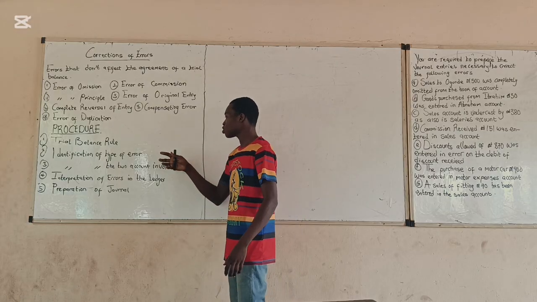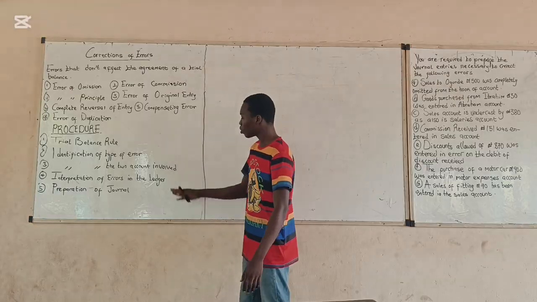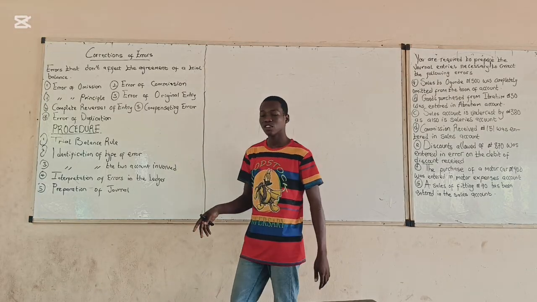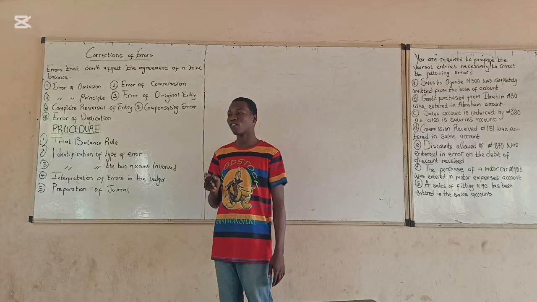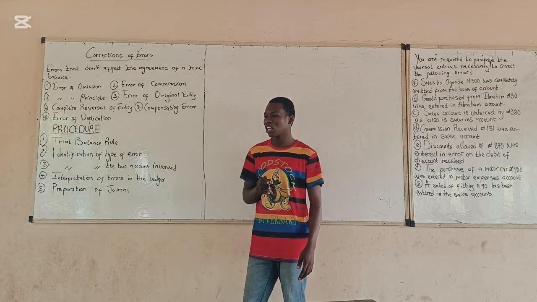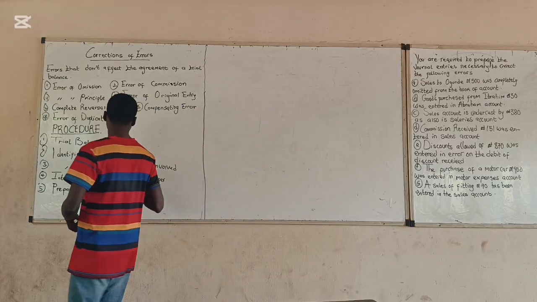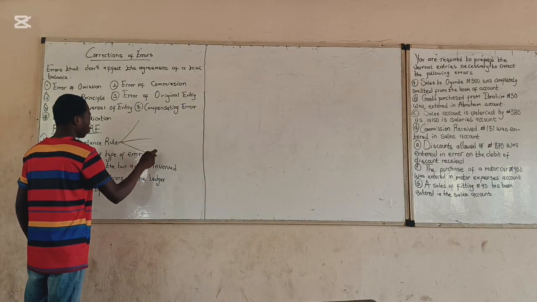Now, the next one is the procedure. Before you can start your correction of error, you need to note all this. The first one is the trial balance rule. I hope you haven't forgotten the trial balance rule because you might have done it before moving to correction of error. And for the core purpose, when we are talking about the trial balance rule, the rule goes like this.